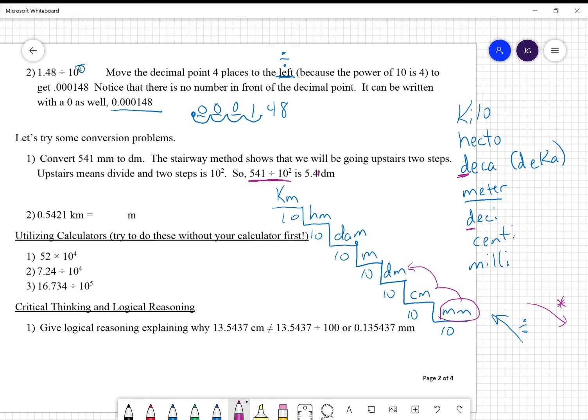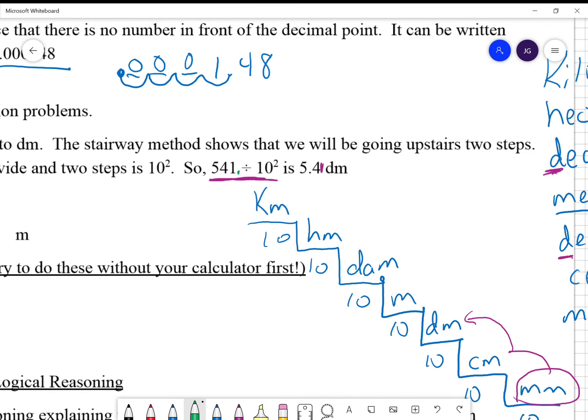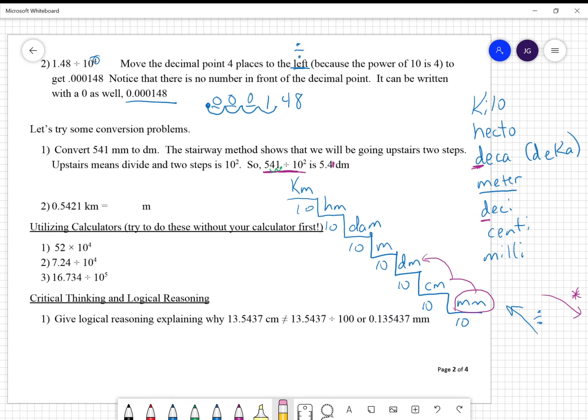My decimal point in 541 is at the end of the number. We never write it, it's at the end. Then we move it to the left because we're dividing. That's why we get 5.41.